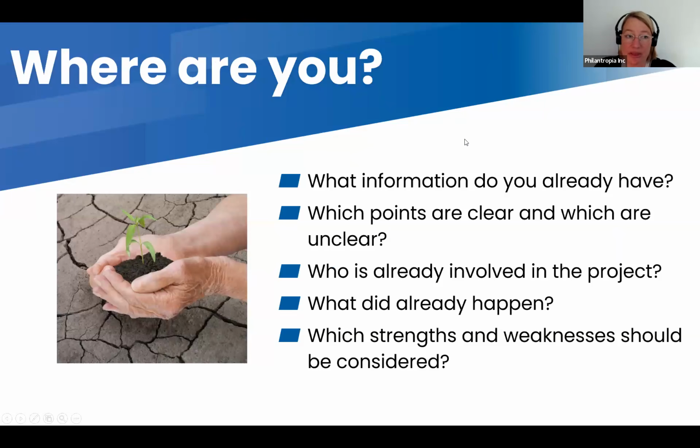To start with the project plan, you think about where you already are. What kind of information do you already have? What do you know about the situation? If you want to work in a specific field, if you have identified an issue that you want to solve, you already know a lot about it. You know why that issue is an issue.